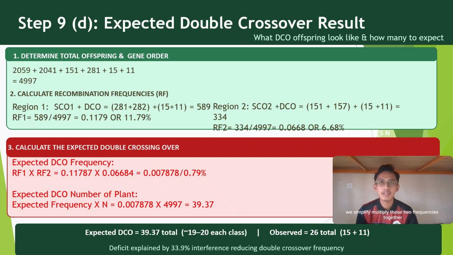We multiply those two frequencies together. This gives us an expected DCO frequency of 0.79%, which translates to 39.37 plants total. This expectation is split equally between our two reciprocal phenotype categories.